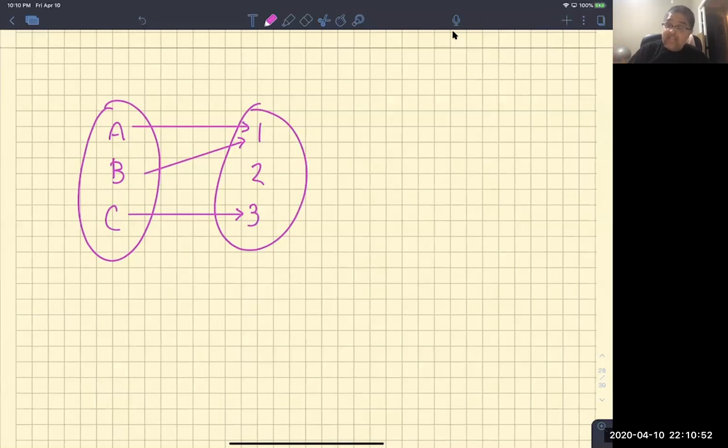Multiple inputs may have the same output, but no one input has multiple outputs. Now, it is a function, and it allows for predictability. I know if I input A into this function, I'm going to get 1. If I input B, I'm going to get 1. And if I input C, I'm going to get 3. But there's a problem. I can predict in the forward direction. I can predict based on my input what my output will be.